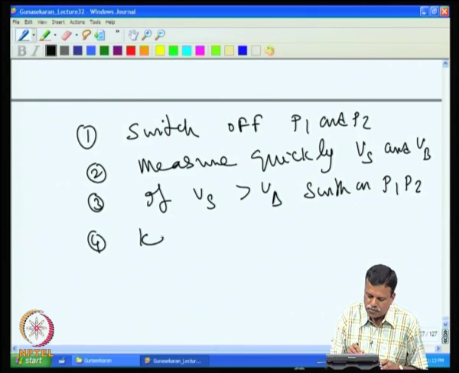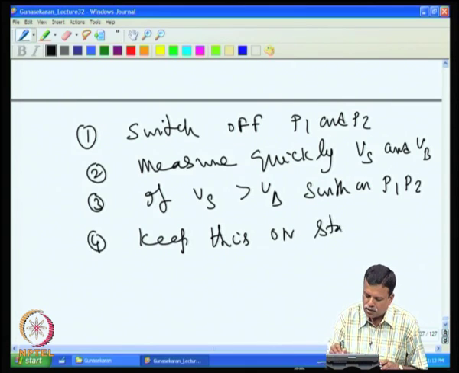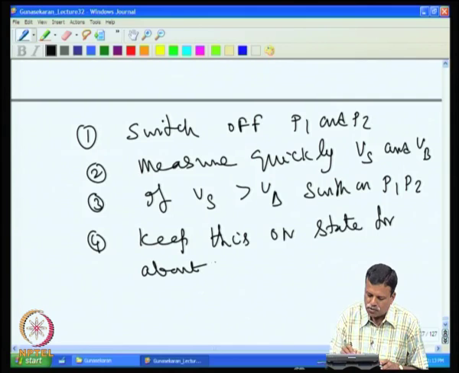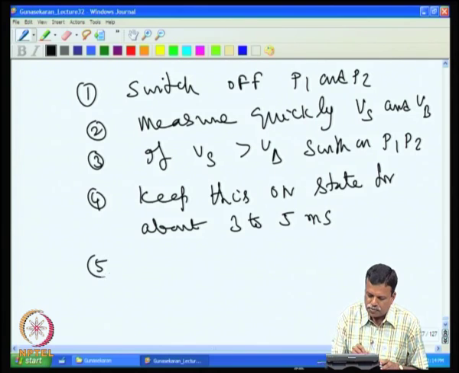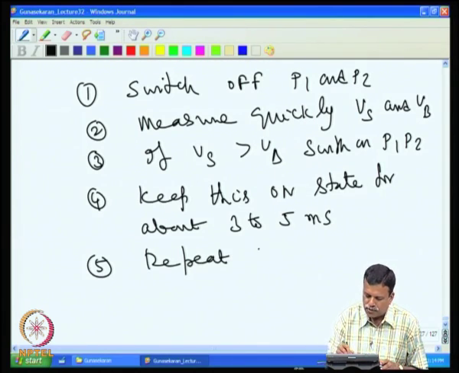Keep this on state for about 3 to 5 millisecond. Then repeat from step 1.